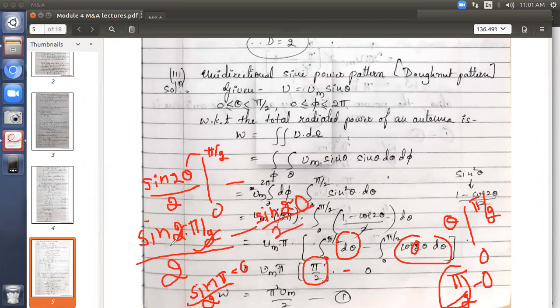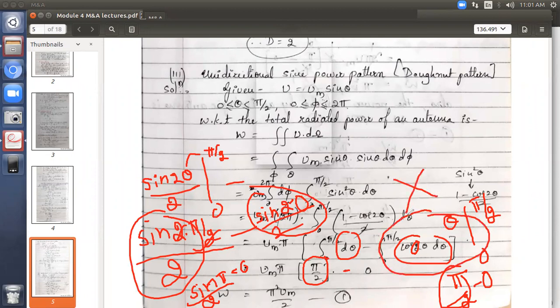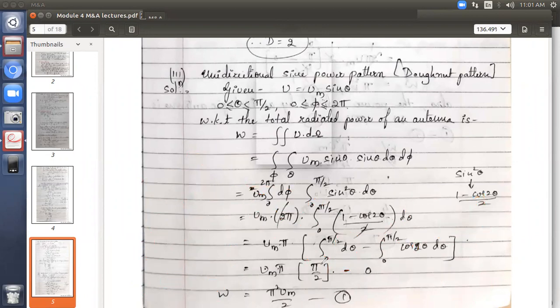So this value also becomes 0. Sine of pi is 0, sine 0 is 0. So this total second integration will be eliminated. It becomes 0. So I have substituted it. Simplify this. You will get pi square by 2 as equation 1.